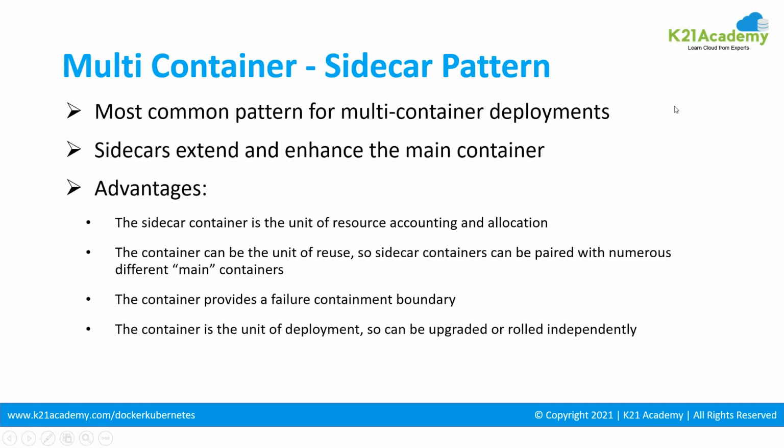Each has its own significance. In this session we are going to discuss only the sidecar pattern. I'll just give a glimpse of the other patterns too, but mostly we will cover the sidecar pattern only.